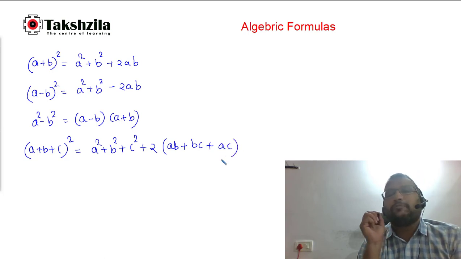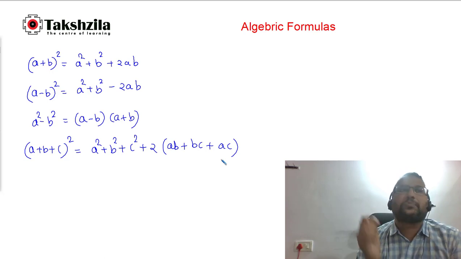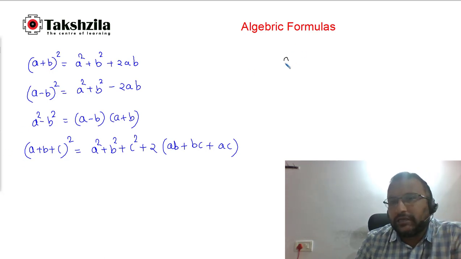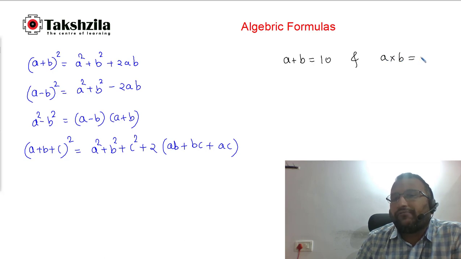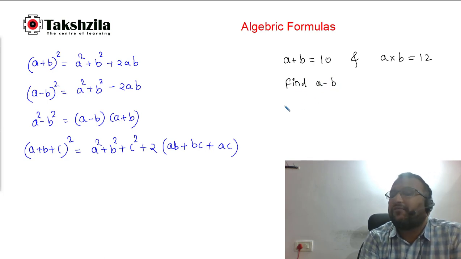Now everyone must know these formulas, but how do we apply them? Let's have a look at a question. Let's say a plus b is equal to 10, and a into b is equal to 12, and I want to find the value of a minus b. So how can we find that?